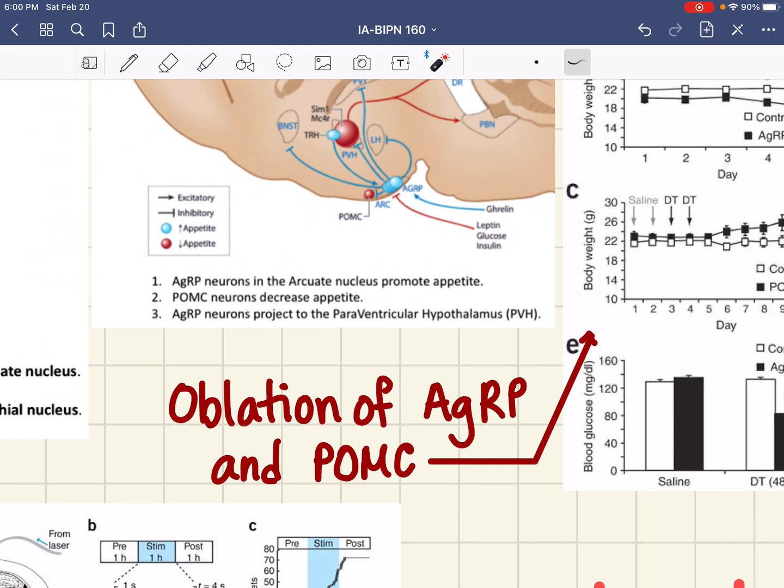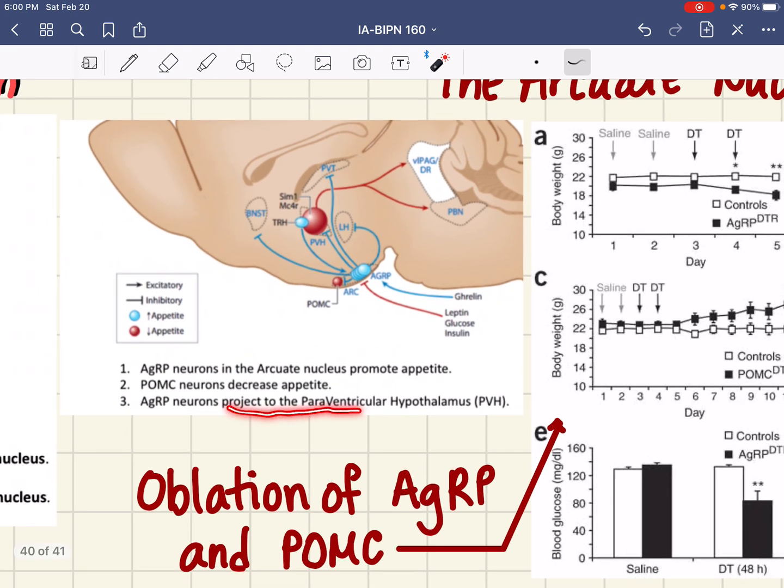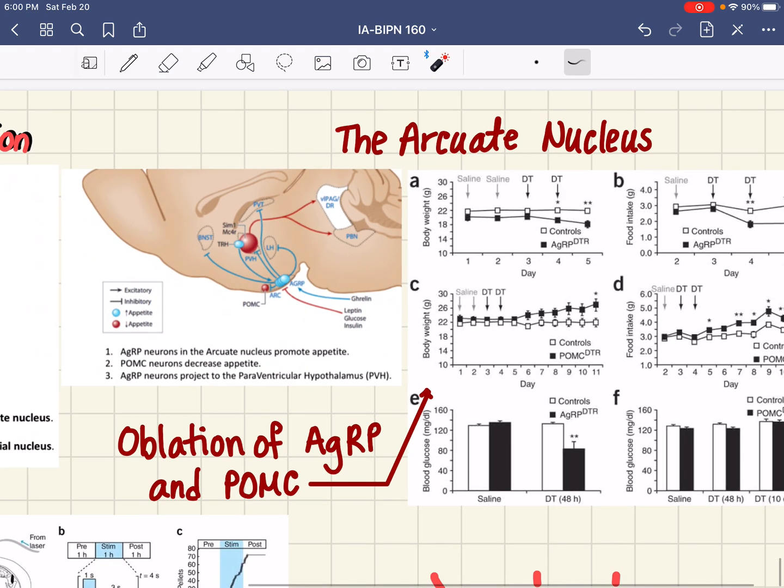Okay, the AGRP neurons project to the paraventricular hypothalamus, which is right here. And they inhibit it. So the AGRP inhibits the PVH, and we will get back to that in just a little bit.